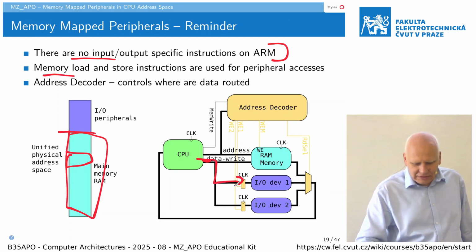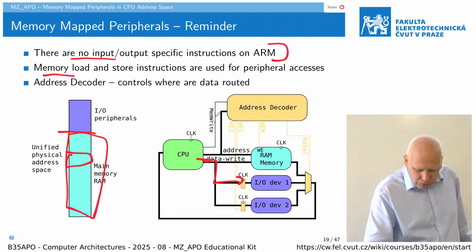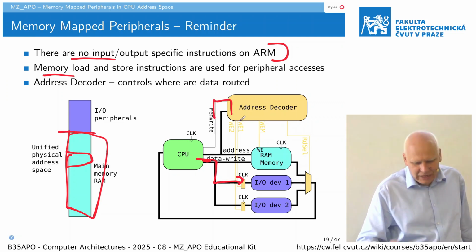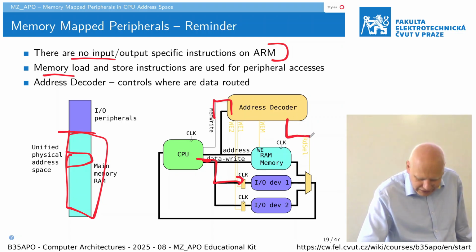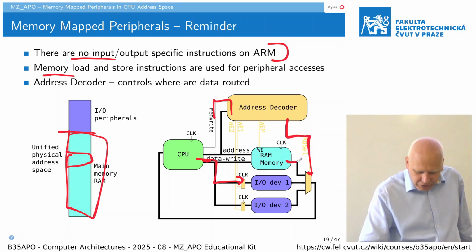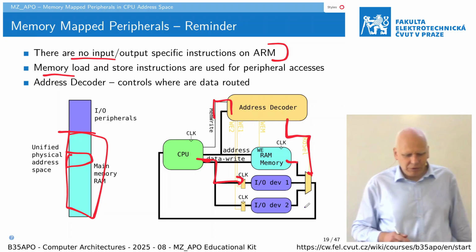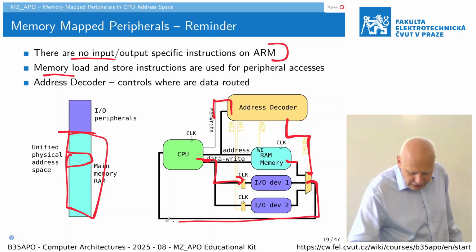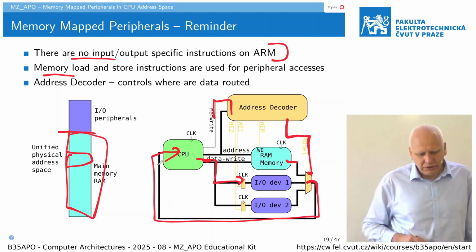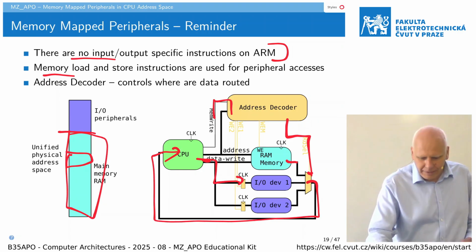If we want to read, we do not activate the write memory signal. We usually activate some read signal, but it is not necessary in this simple model, because we just switch which device or memory we want to read, and we have the inputs to the CPU for the data.